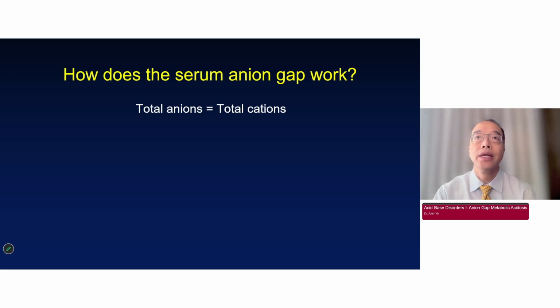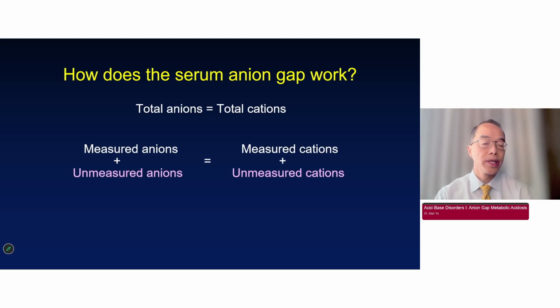So in our serum and our extracellular fluid, we have anions and cations. Anions are negatively charged, cations are positively charged. So the total concentration of these has to be equal for electroneutrality. We can divide the anions into those that we're measuring in the blood and others that we ignore but are unmeasured.